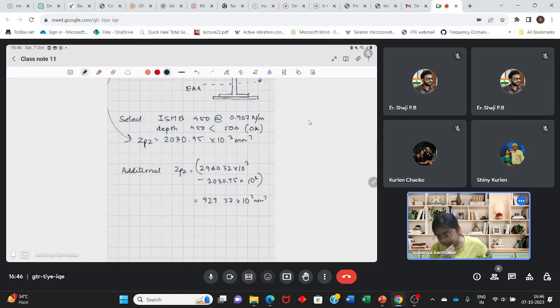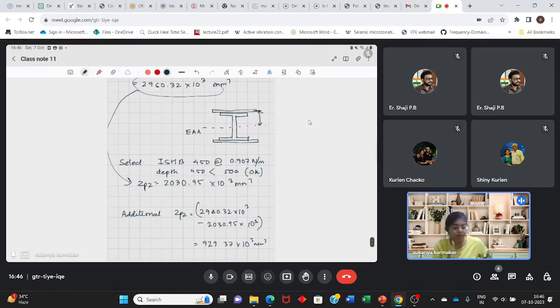Now, assume that the thickness of the plate is 14 mm. So if you provide 14 mm plates on both the sides, the total depth comes out to be around 478 mm. So it's less than 500.